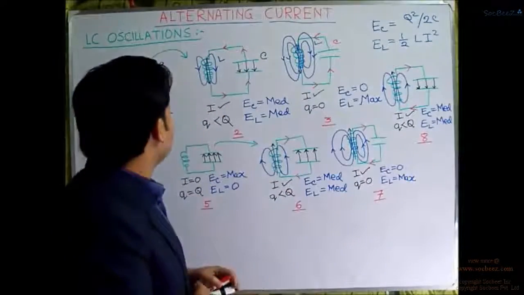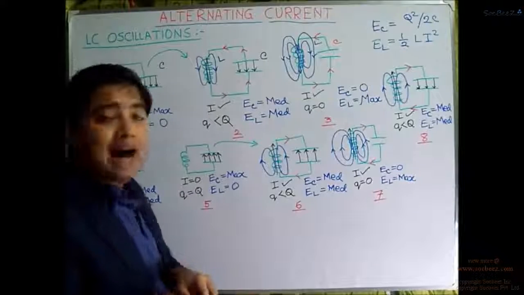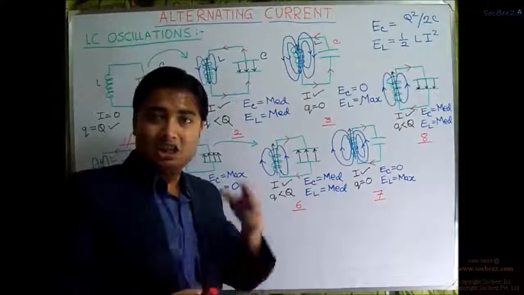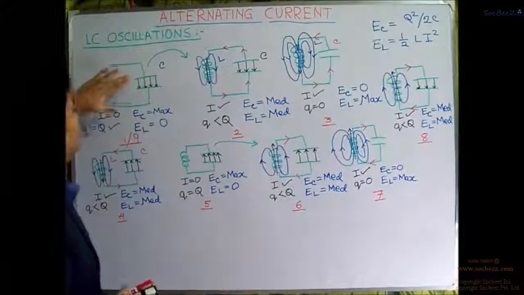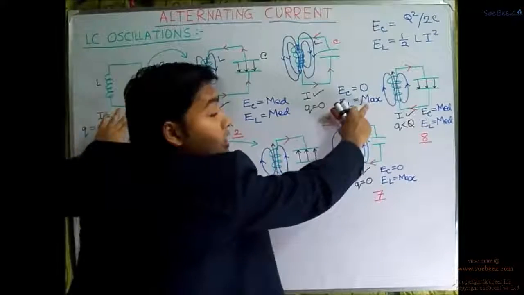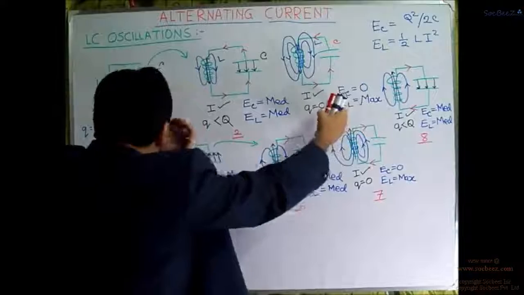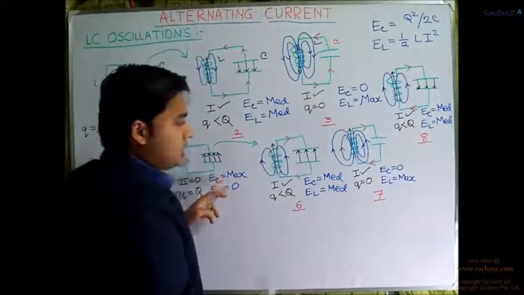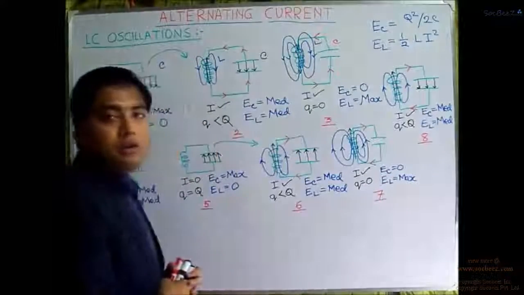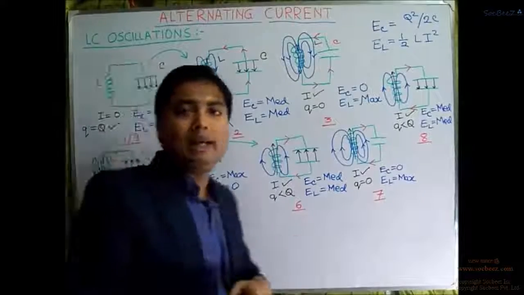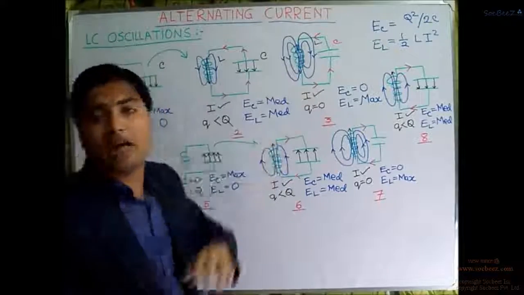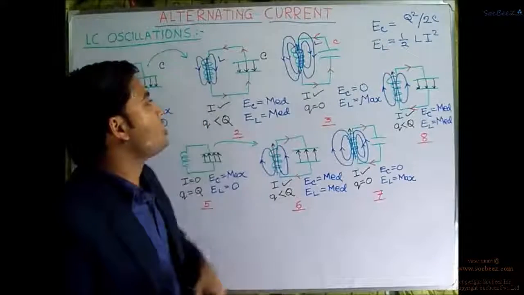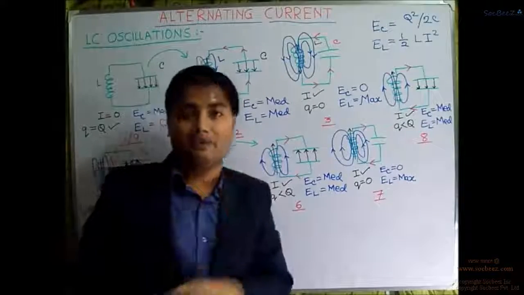Now, for example, over here we could see that the energy of C is being transferred to the energy of L, and after that this energy of L is again being transferred to C, and again the energy of C is transferred to the energy of L. Basically, in the inductor there is a magnetic field, and in the capacitor, as we could see, there is an electric field.